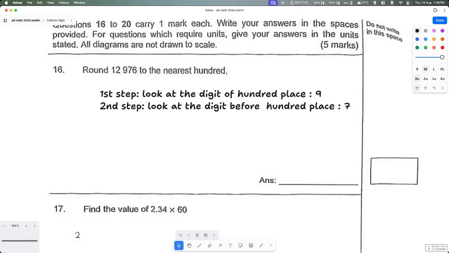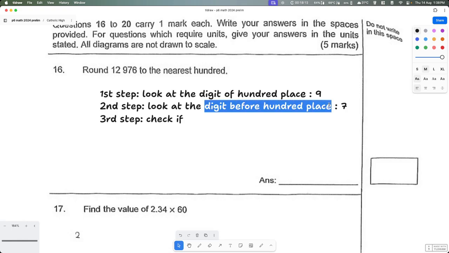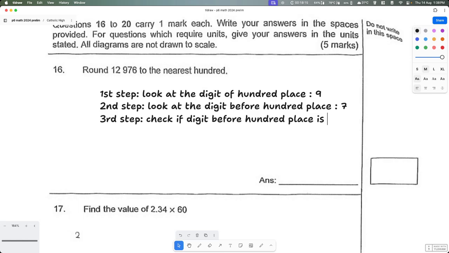Third step, check if the digit before the 100 place is 5 or more, which is a yes.